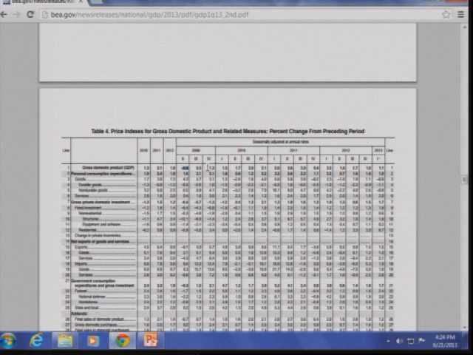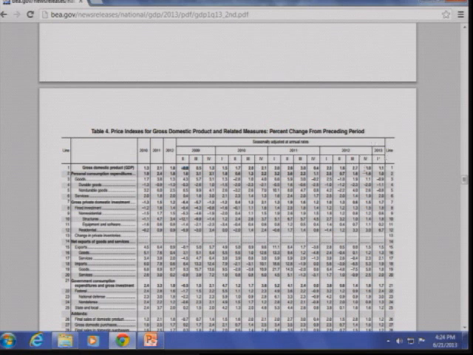So if this year's number is greater than last year's, you're going to have a positive percentage change number. If this year's number is less than last year's, then you'll have a negative number on top. So when you've got that negative percentage change number like we do in the second quarter of 2009, that means our GDP actually declined. We didn't make as many goods and services as we did in the previous quarter.